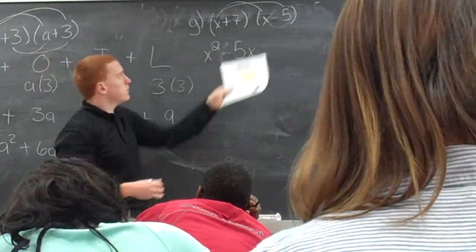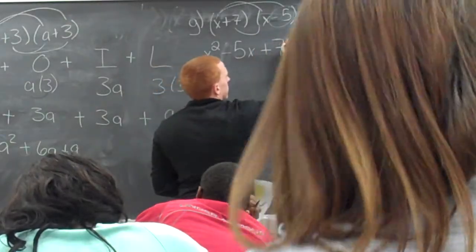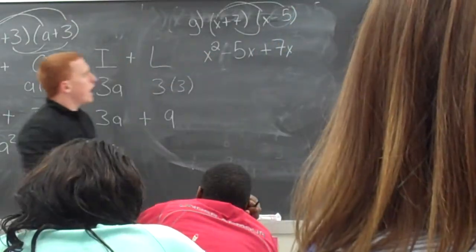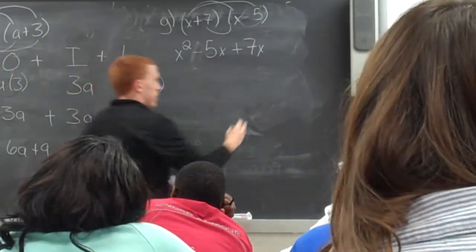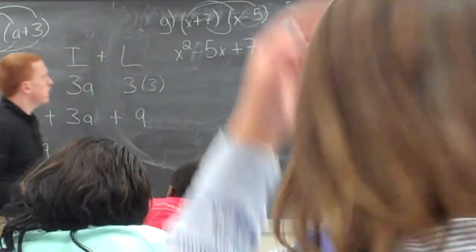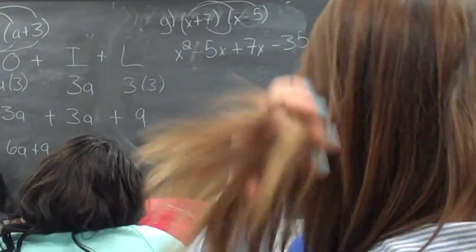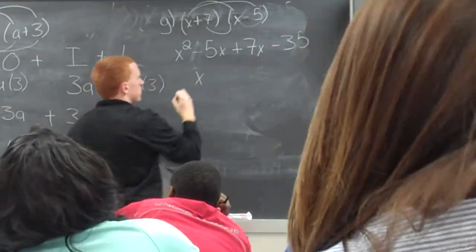So 7 times x, someone said it's 7x, positive 7x, and then 7 times negative 5, which would be negative 35. Okay? Am I in standard form? Am I done? No, it's add like terms. Add like terms again. We're starting to catch a trend where we're adding these middle like terms.